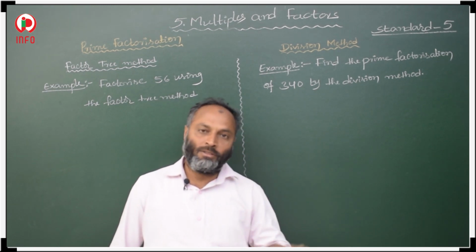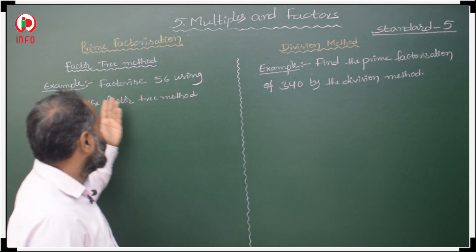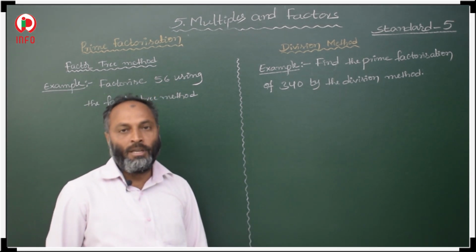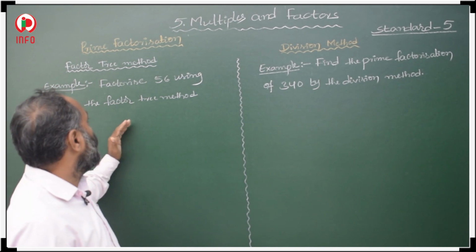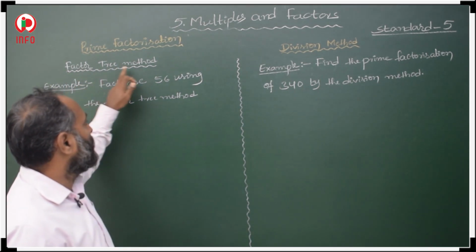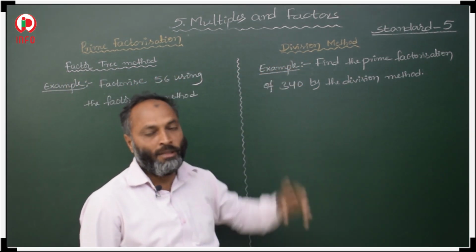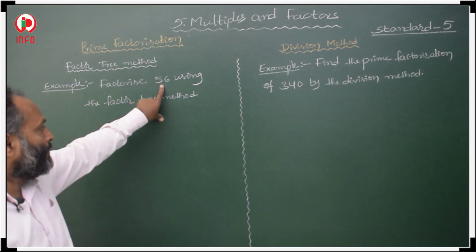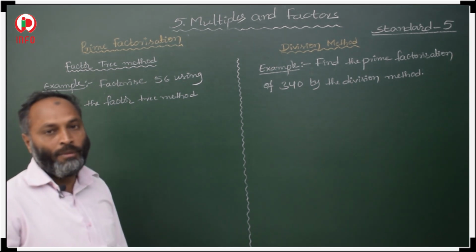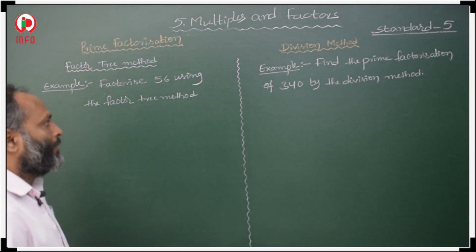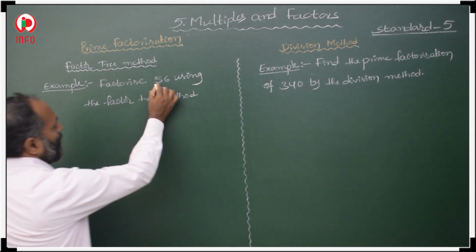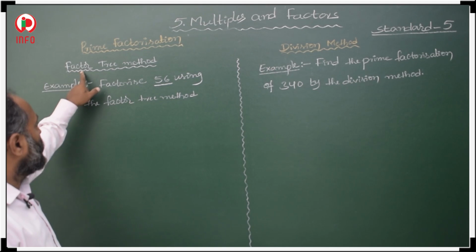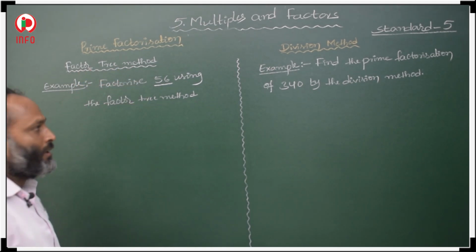Here the number given is 56. This 56 we have to write as a product of prime numbers. Various methods are there. One method is the factor tree method, the other is the division method. First, the number given is 56, and we write it using the tree method.